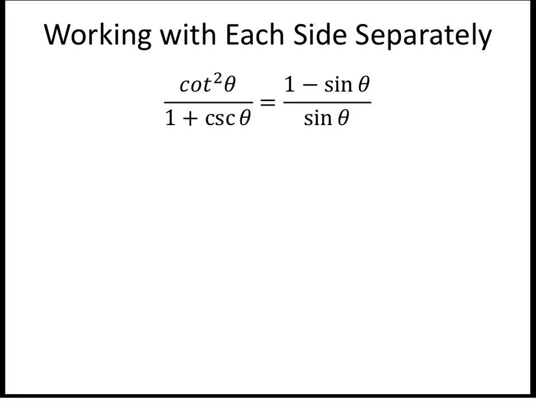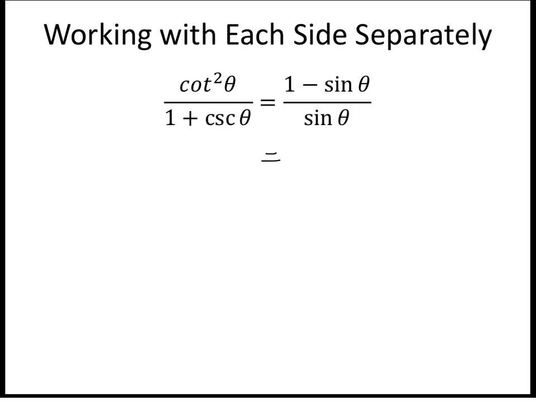Now we're going to show you a technique where sometimes you have to work with each side separately. Okay, and the key for this is basically leave some room on each side. So my equals are going to go down the middle of my page so that I don't get too confused with what I'm doing. So I'm going to start with working with this left-hand side, okay?